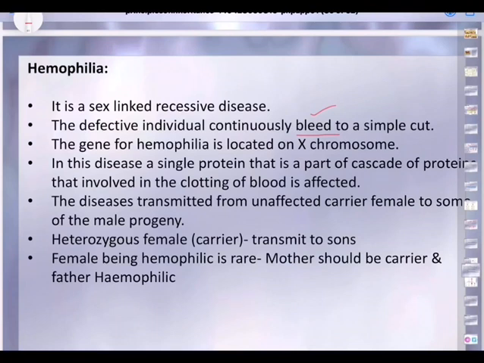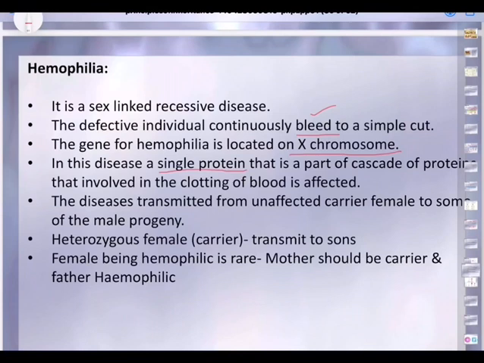Normally, if there is any cut due to, say, an accident, or while playing any game, or while shaving, or while cutting vegetables, then in 30 to 40 seconds there will be clotting in that area. But a person suffering from hemophilia won't have any clotting. Continuously there will be bleeding. So that is very, very dangerous.